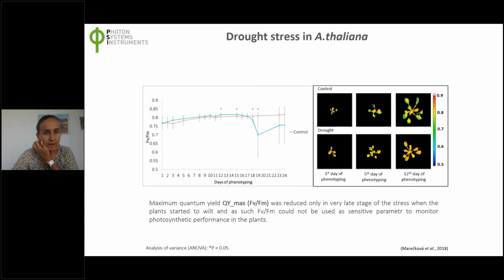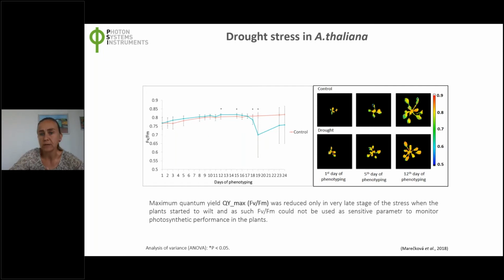And almost in the end, I would like to give you one example referring to suitable selection of parameters to characterize the given stress response in plants, briefly touched on by Tracy about the FV/FM parameter.